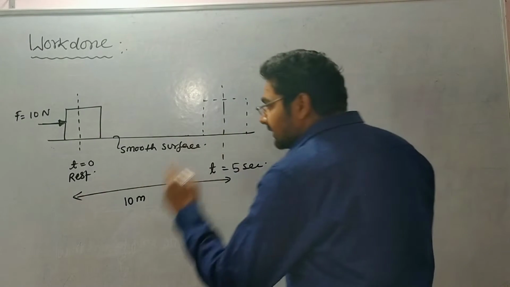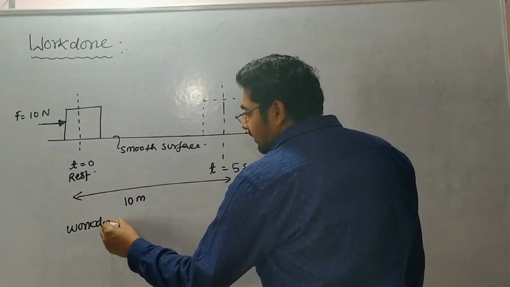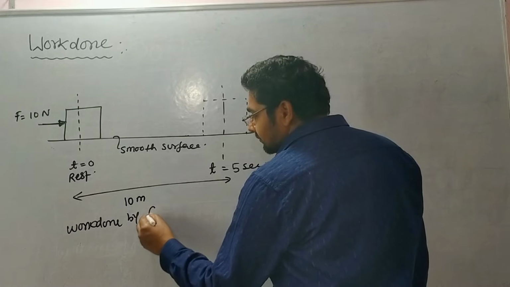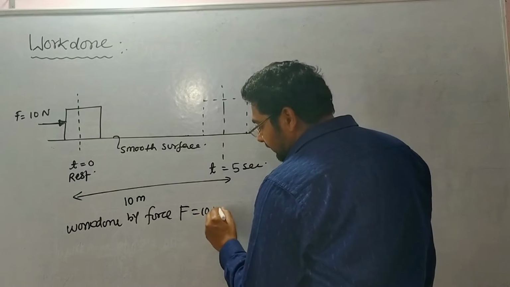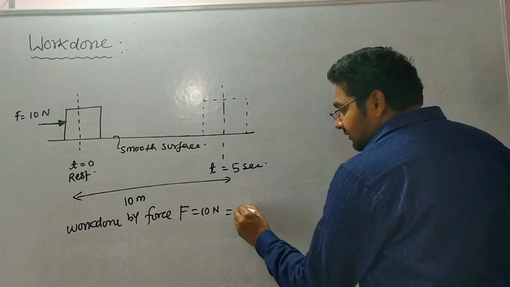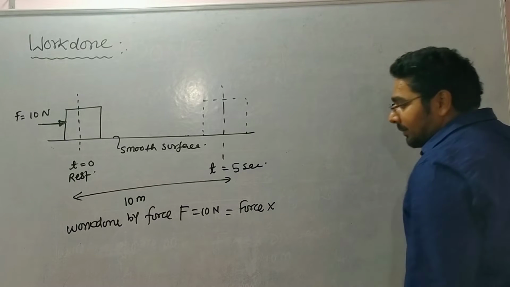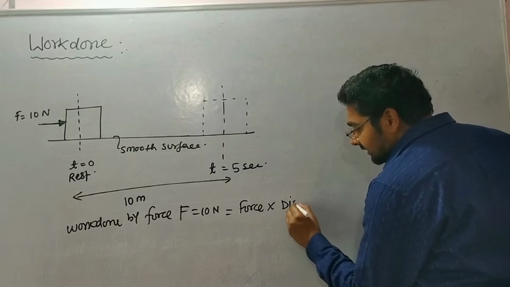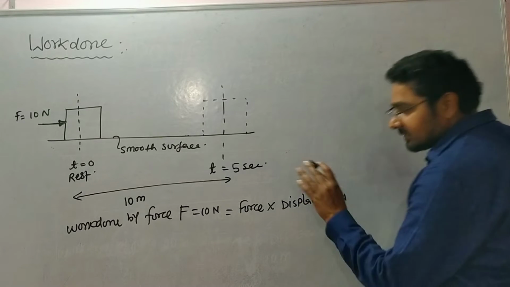So the work done by force F equals 10 Newton will be the magnitude of force, meaning the value of force, multiplied by displacement. This will be the work done by this force.